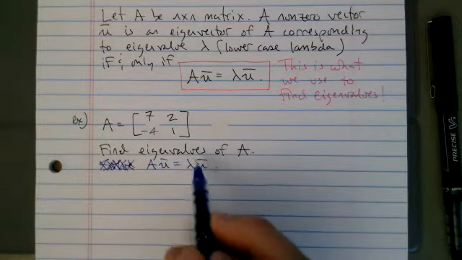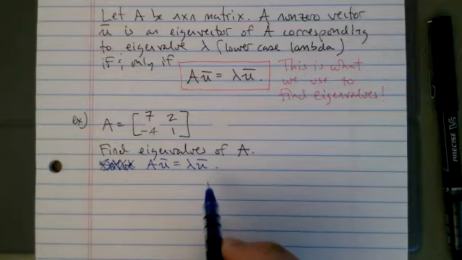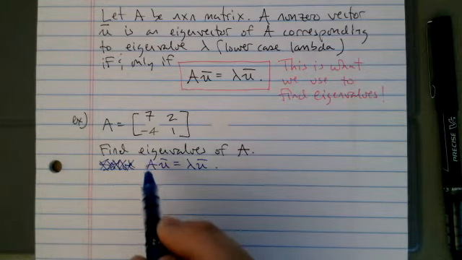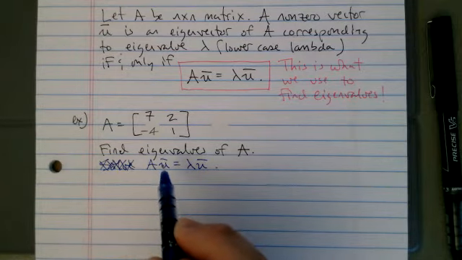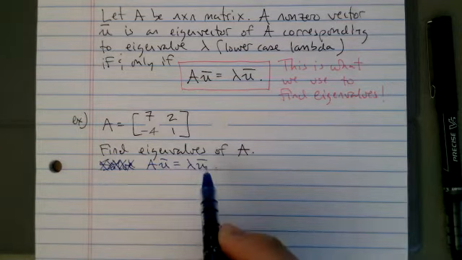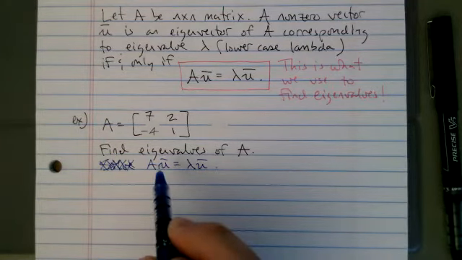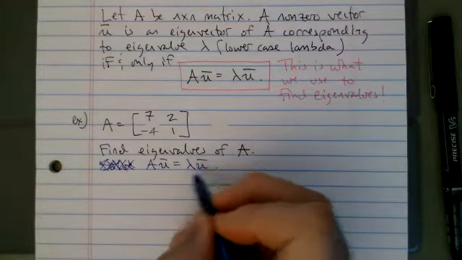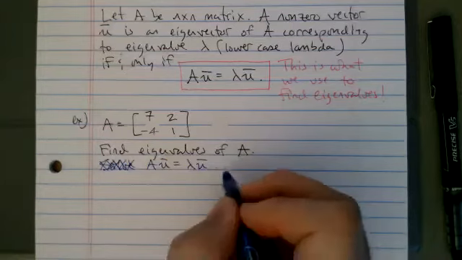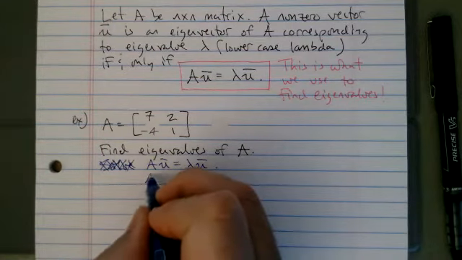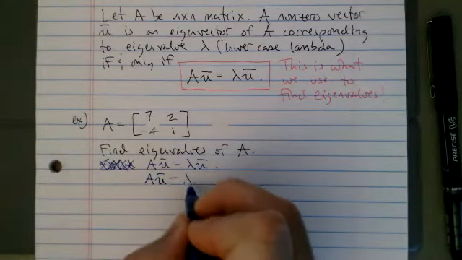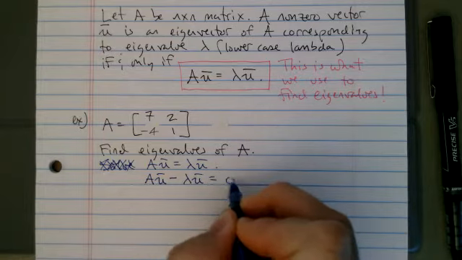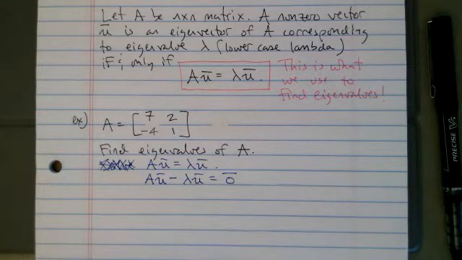I want to put the lambda U on the other side so I can get 0, but I can't subtract a vector from a matrix. That's not okay. I'm going to want to eventually factor out the U. So let's first move the lambda U to the other side. So this is equivalent to saying that AU minus lambda U is equal to 0. So by doing this, we can see that we're setting up a homogeneous equation.